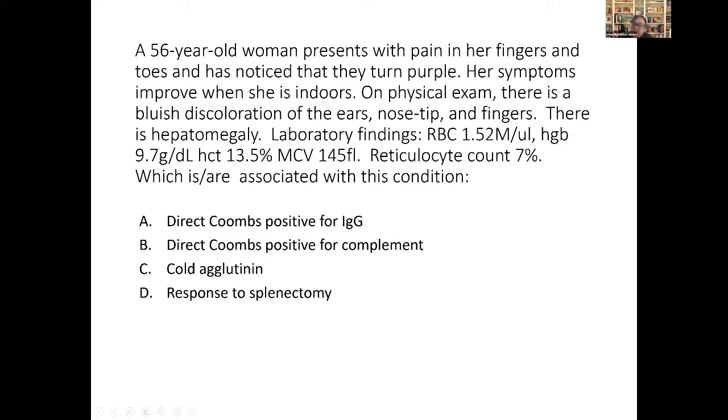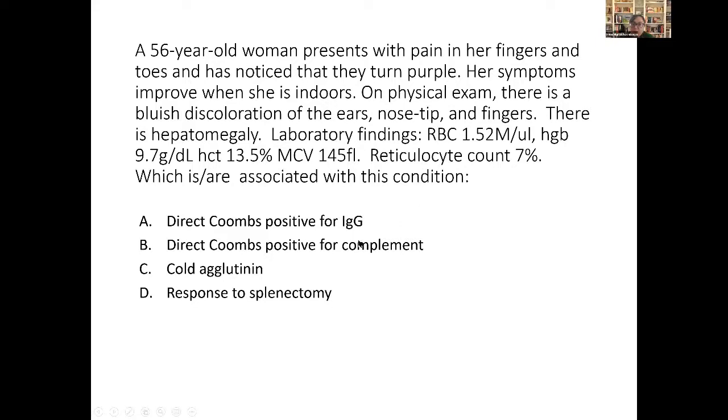So notice the dissociation here between the red cells, the hemoglobin, and the hematocrit. Those numbers look a little crazy. The MCV is 145, and the reticulocyte count is 7%. So which of the following is associated with that? You probably guessed, this is cold agglutinin disease, cold autoimmune hemolytic anemia, which is usually caused by IgM.